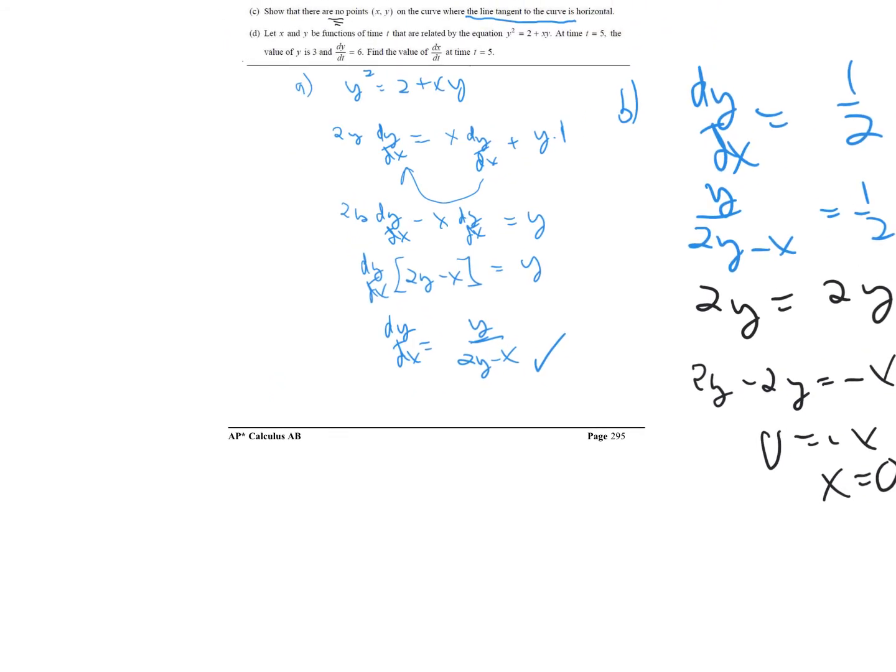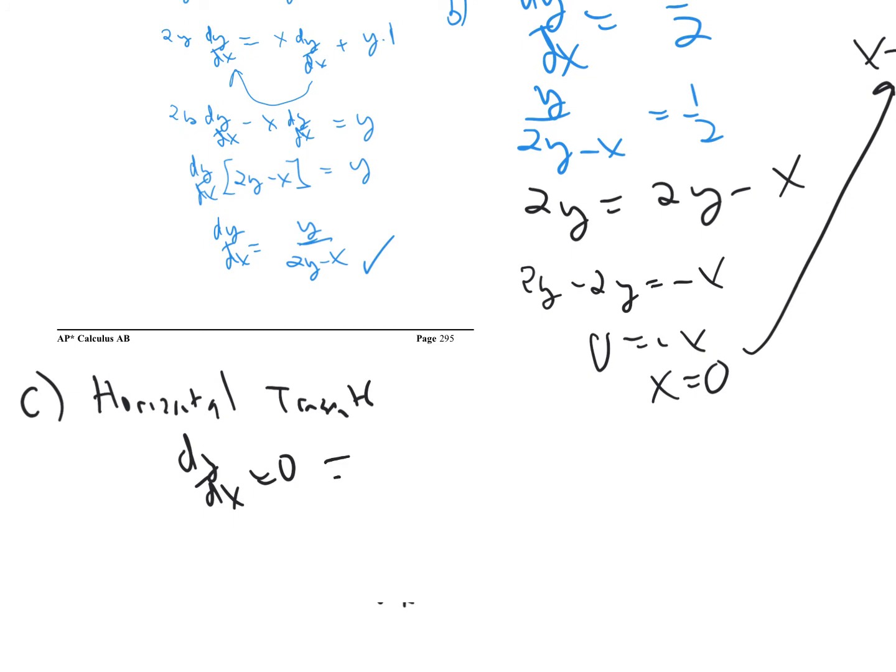If that was true, then you'd be taking that derivative, and for horizontal tangents, dy/dx is basically 0, which implies the numerator of the slope is equal to 0.